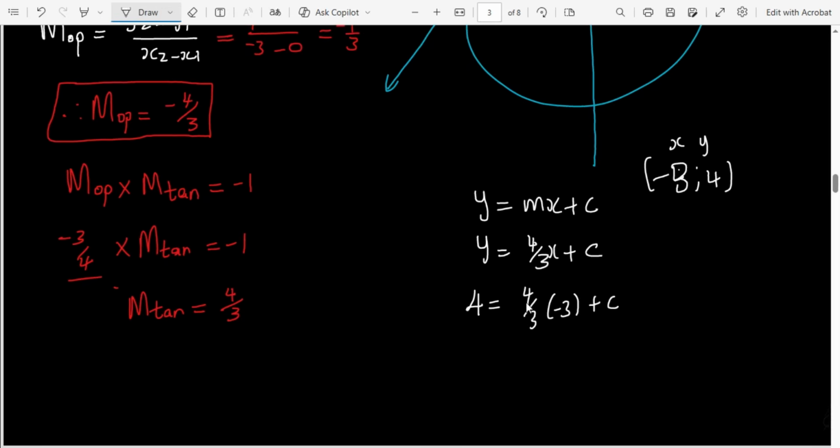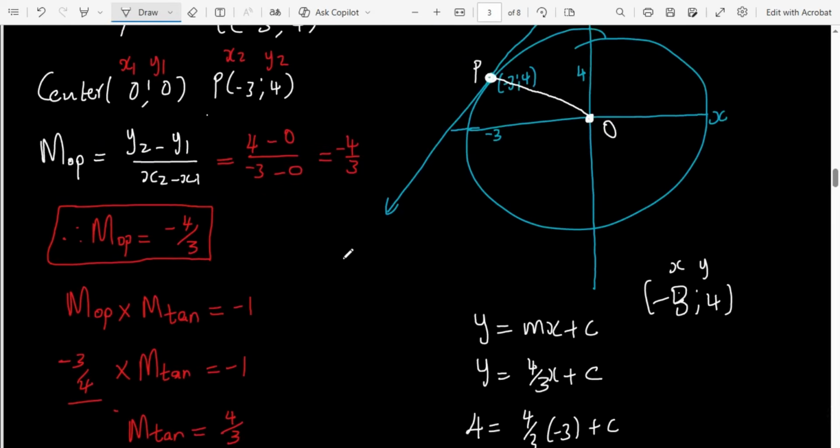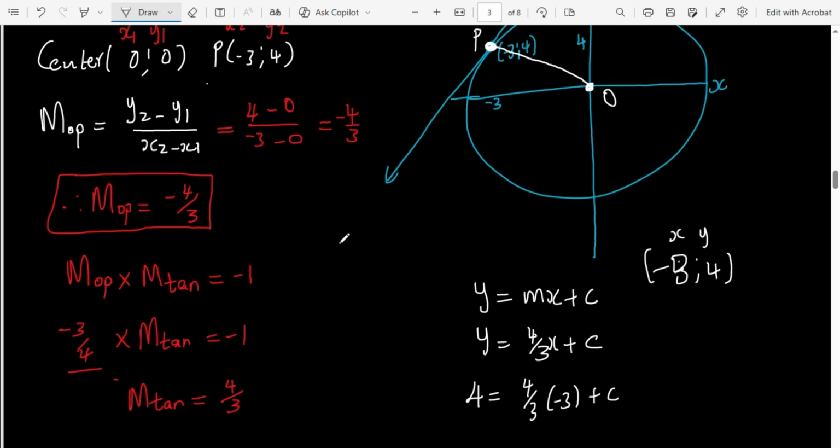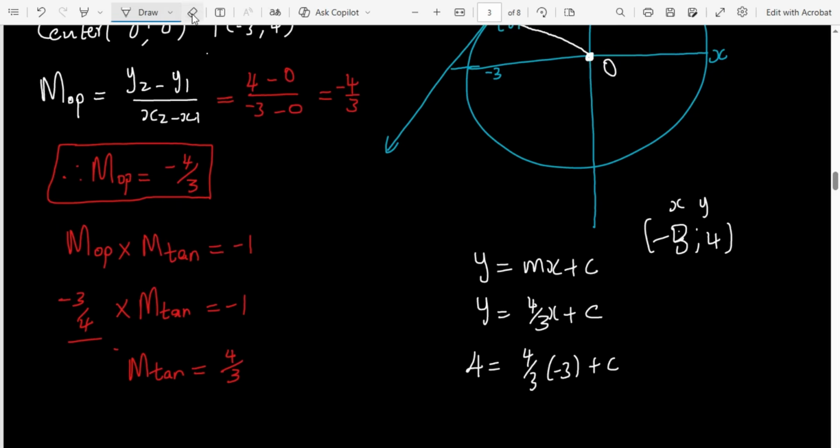I think, okay, if I go back here, we said that the gradient, we got the gradient to be 4 over 3. And now we made a mistake here by substituting this as 4 over 3 instead of 3 over 4.